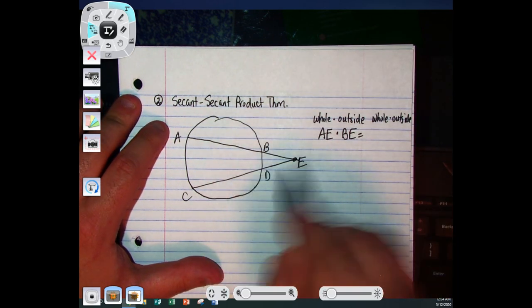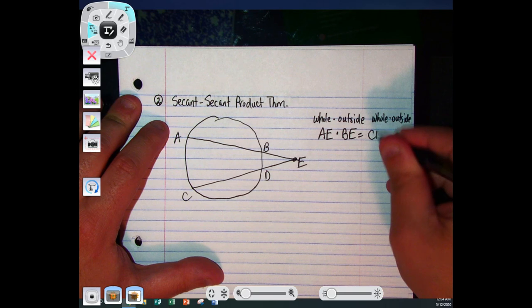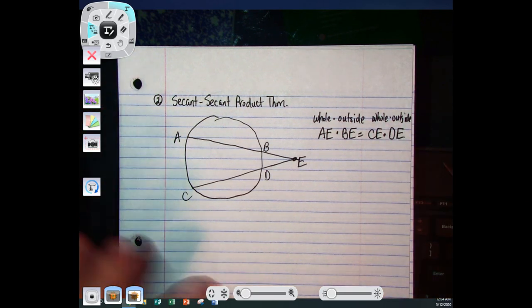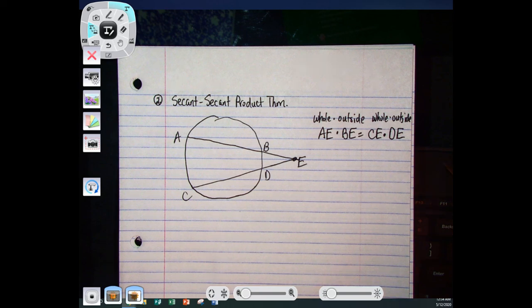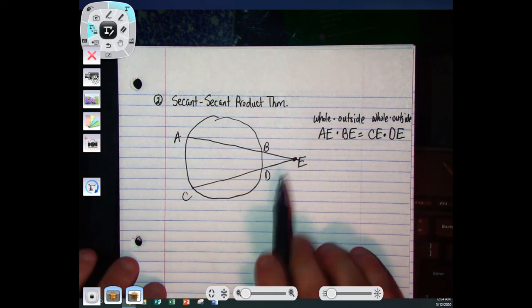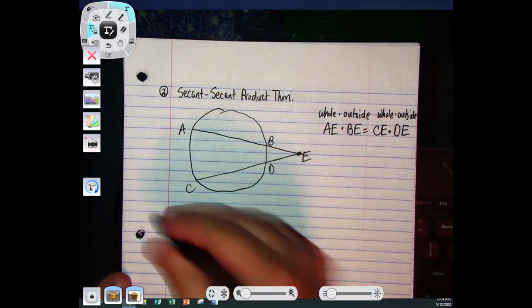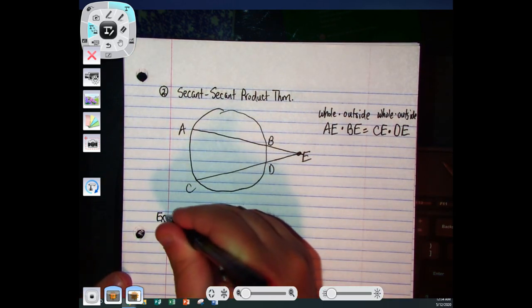So it would be CE times DE. Pretty straightforward. And these two secants intersect at the common point.